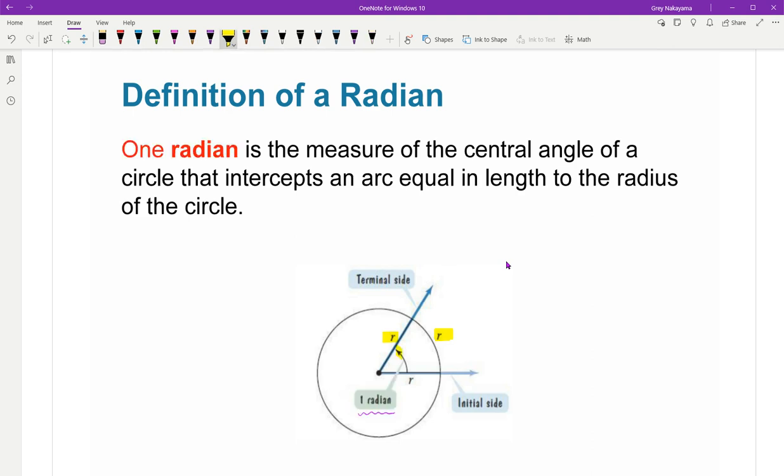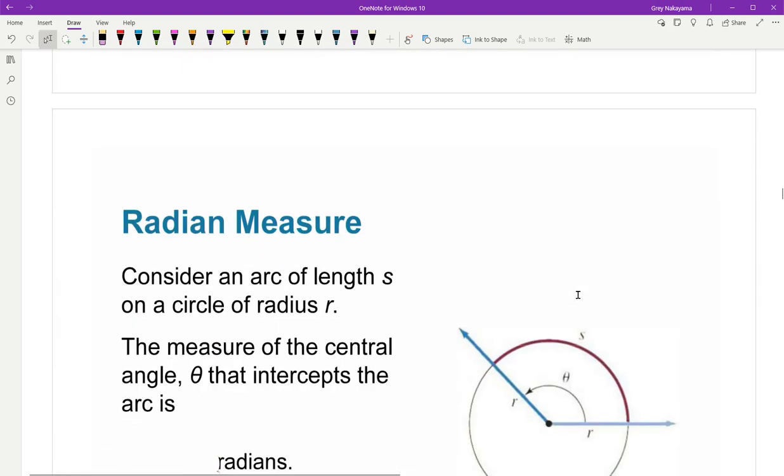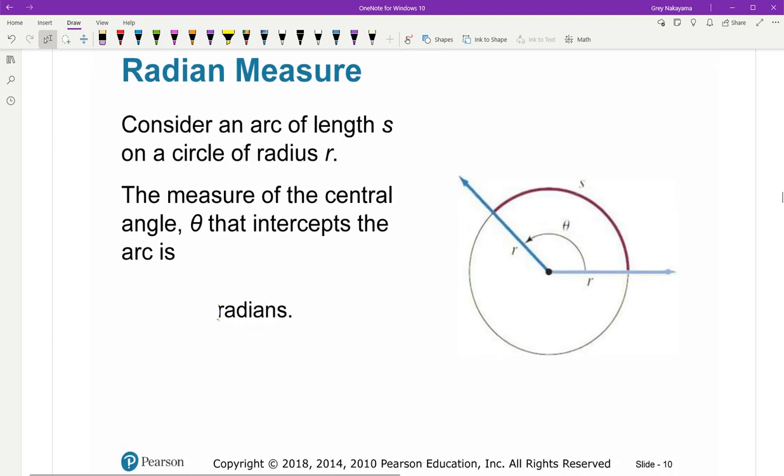So this particular angle here has a measure of 1 radian because the arc that it intercepts right here is the same length as the radius of the circle. So really ought to stop and think, how many radians does it take to go all the way around the circle?